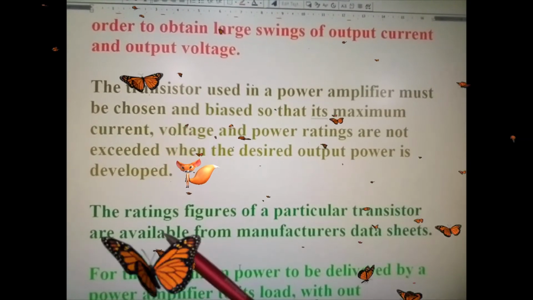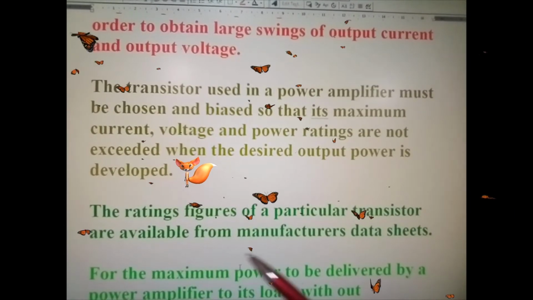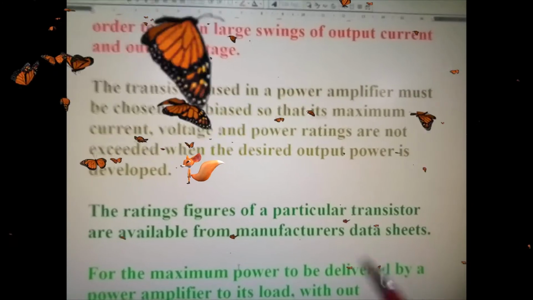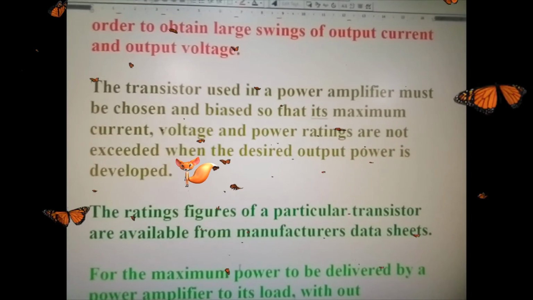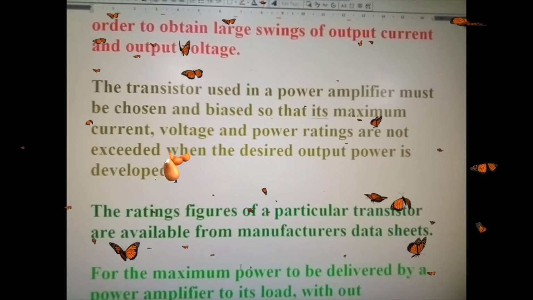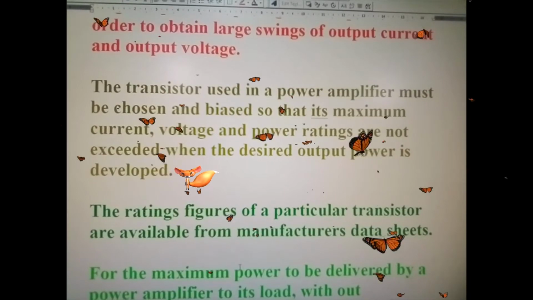Now, the ratings figures of a particular transistor are available from the manufacturer's data sheet. If you go to buy a transistor, one time we would be able to go into Maplins and buy transistors, but now you can probably buy those online.